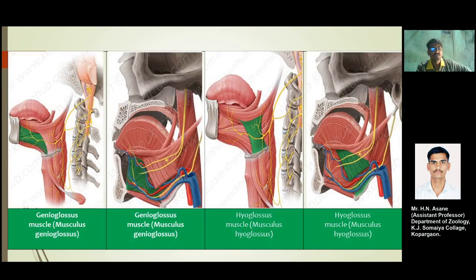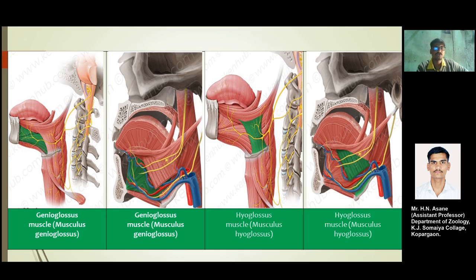As you can see in the pictures, the first and second pictures both show the genioglossus muscles, which support the movements of your tongue.